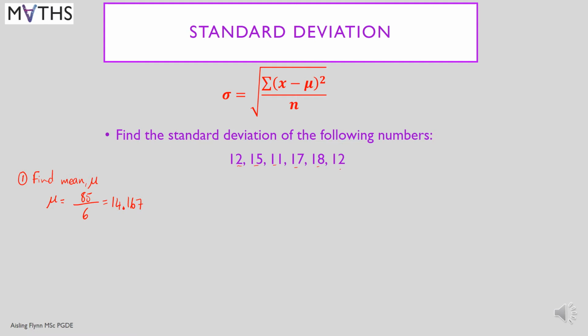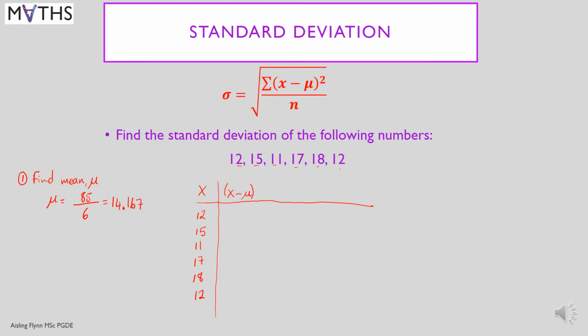Alright, now I might create a bit of a table for the next bit, because we have to repeat the process for all the values. So we have our x's. There are data points, our pieces of information, the ones we're working with. So there's 12, 15, 11, 17, 18 and 12. I could organize them if I wanted to, it doesn't matter. Now the next step was to find the difference, how far they are from the mean, and that was x minus mu.